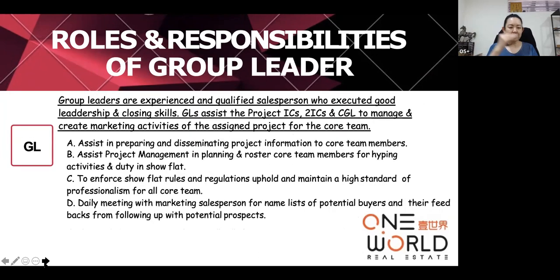So we're talking about the GL, the group leader. The group leader's job is also similar to the project IC. Basically this will be the leader's duty and responsibility. If today you want to be in the project, even if you are core team, always remember these are a few things that you need to have.